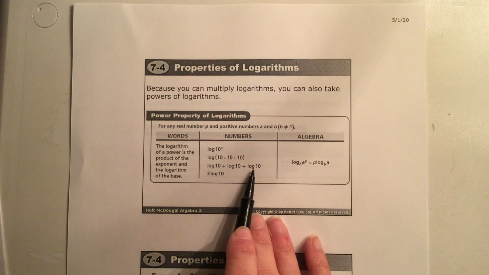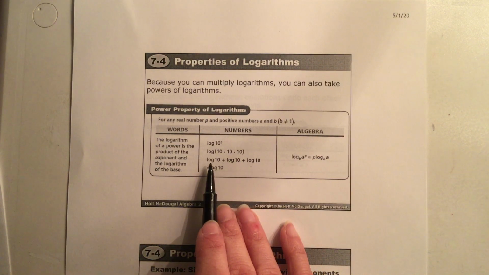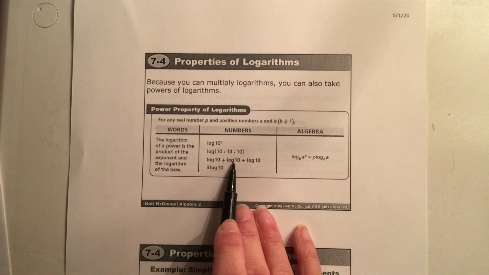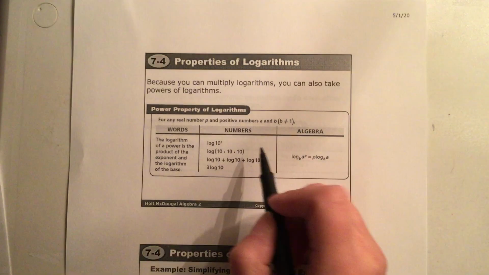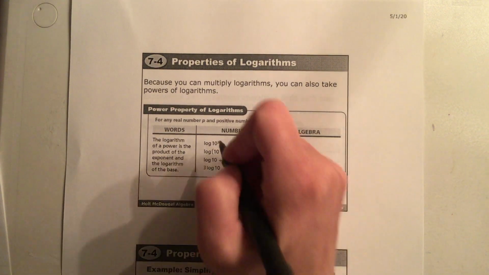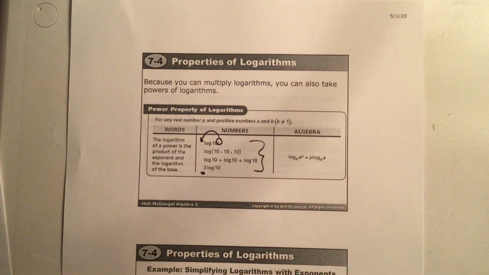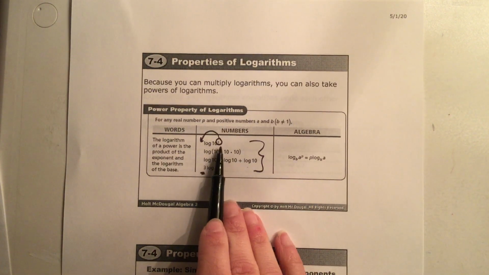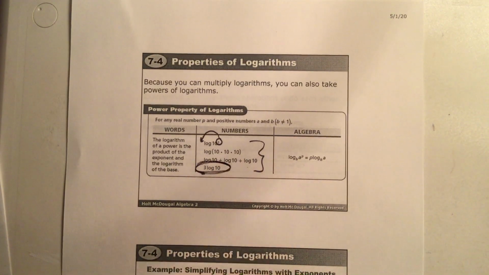Well, these are like terms, and we will talk about that coming up in this chapter as well. Log of 10 plus log of 10 plus log of 10 gives me 3 logs of 10. So here's the long way of looking at this property. They shorten it up by saying if you have an exponent on a logarithm, what you want to do is bring it out front. Because notice, if I just said, oh, I have an exponent here, if I bring it out front, that's where the problem ends.